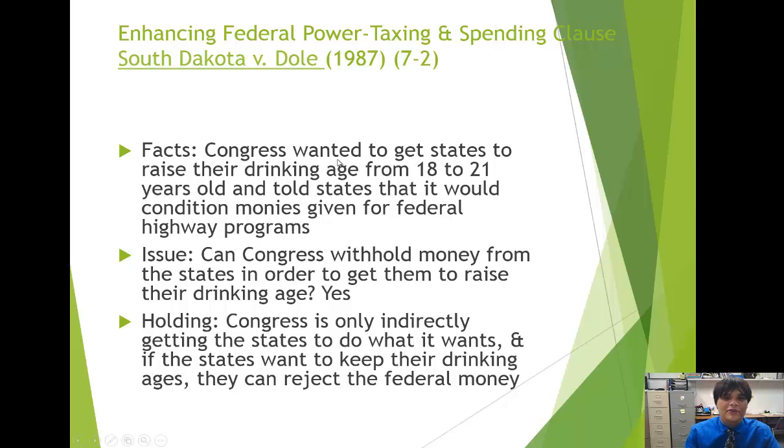So therefore, Louisiana was missing out on these federal highway monies. They weren't getting this money to improve their roads, and so Louisiana roads are terrible. South Dakota gave in a lot sooner, we'll just say that much. So Congress wanted to get states to raise the drinking age from 18 to 21, and they did so by withholding federal highway program money.